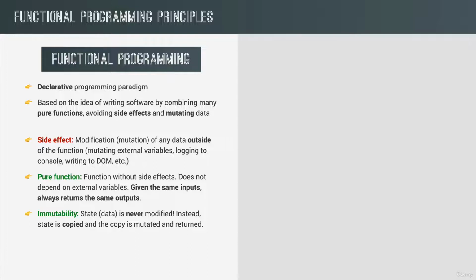And so again, in functional programming, that state is never modified. Instead, what we will do is copy that object, so that state, and then it is that copy that is mutated and can then be returned. But the original state is never touched. Okay? So that's what it means for the state to be immutable.